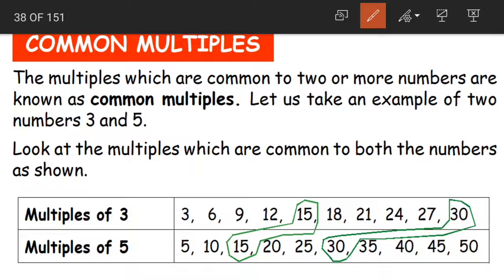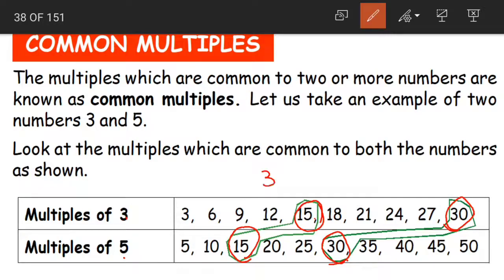Now if you look at the multiples that are common to both 3 and 5, here we have 15, and 15 is a multiple of 5 as well. Next, 30 is a multiple of 3 and also a multiple of 5.